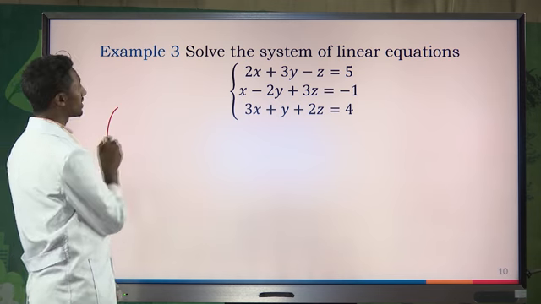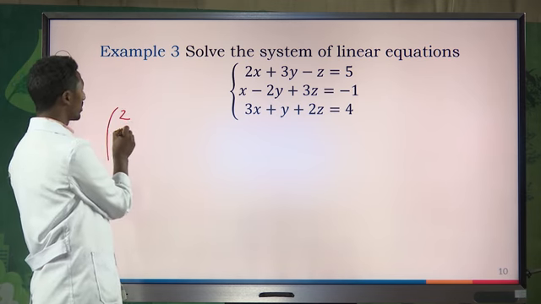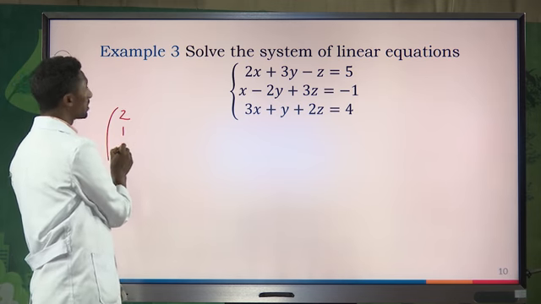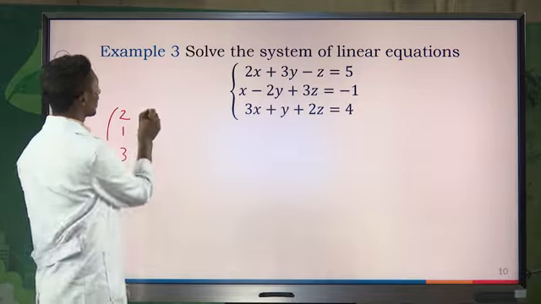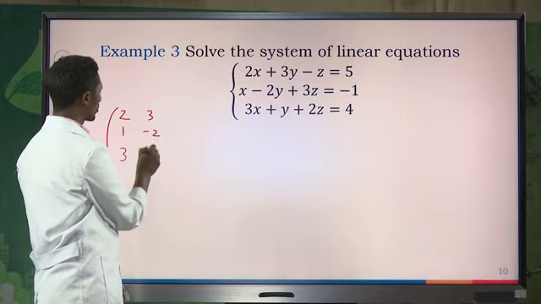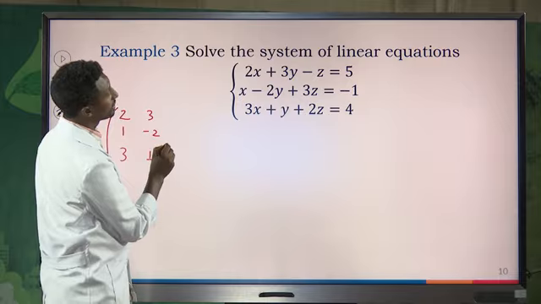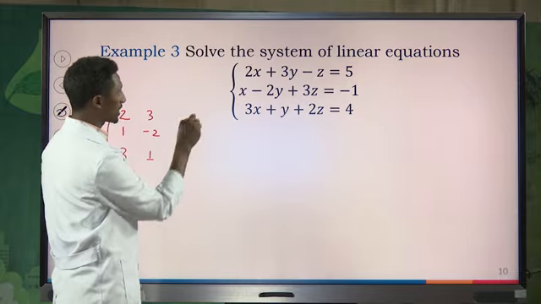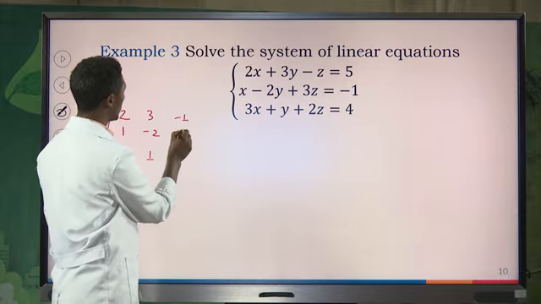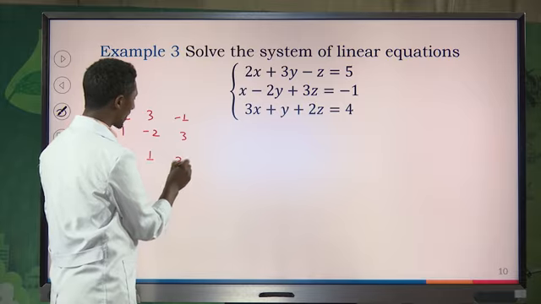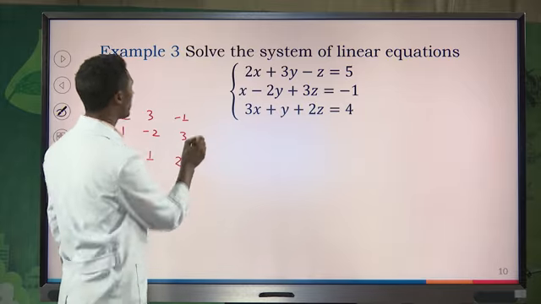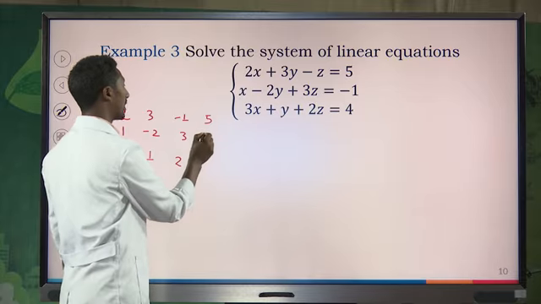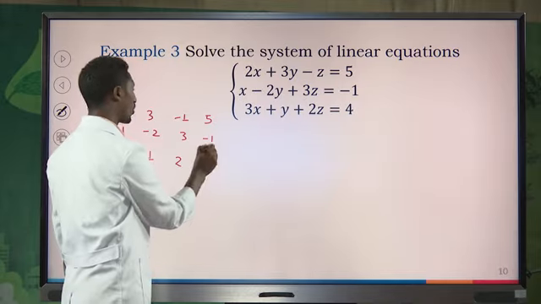The augmented matrix is 2, 1, 3, 3, minus 2, 1, then the coefficients of z, minus 1, 3, 2, and the column matrix B is 5, minus 1, 4.